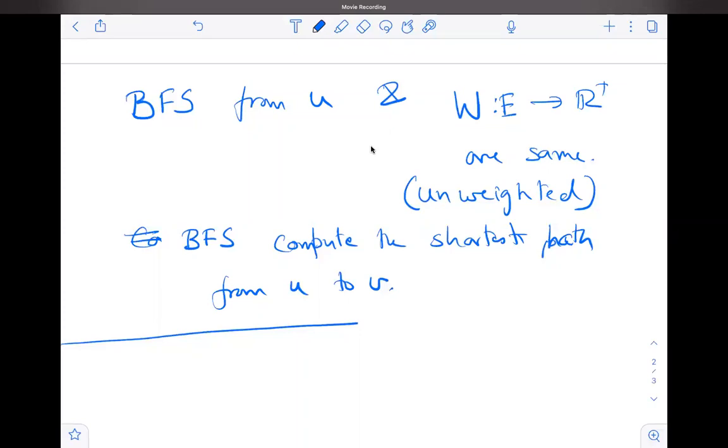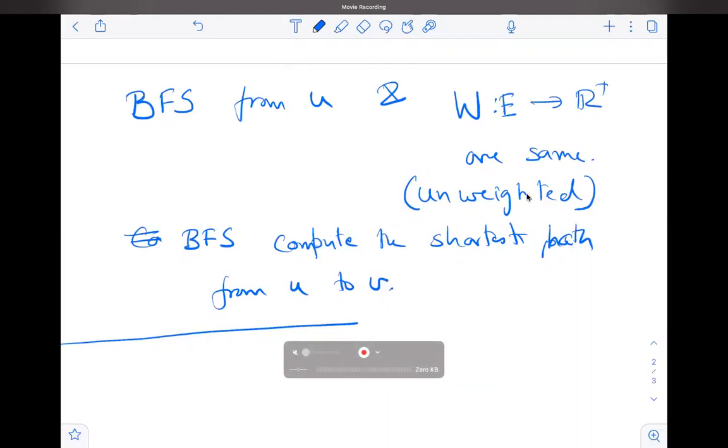Only people who had CS in UG might have seen this thing. Is there anybody who has done CS in UG here? Saptarshi, I think. Saptarshi has raised hand, yeah. Okay, good. So let me then go over it slowly.